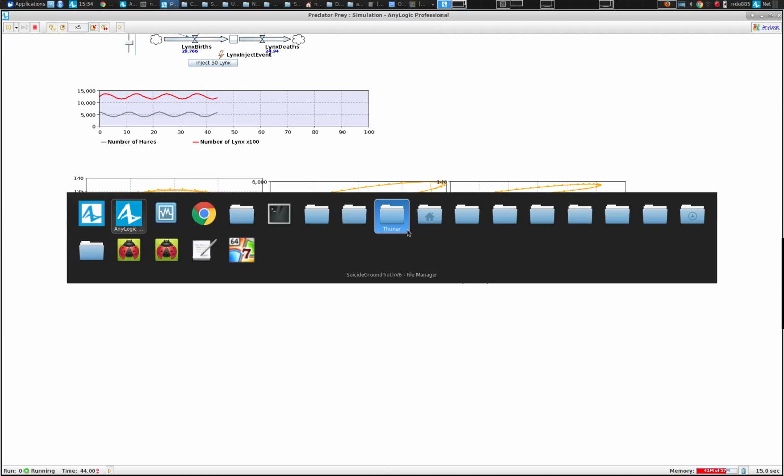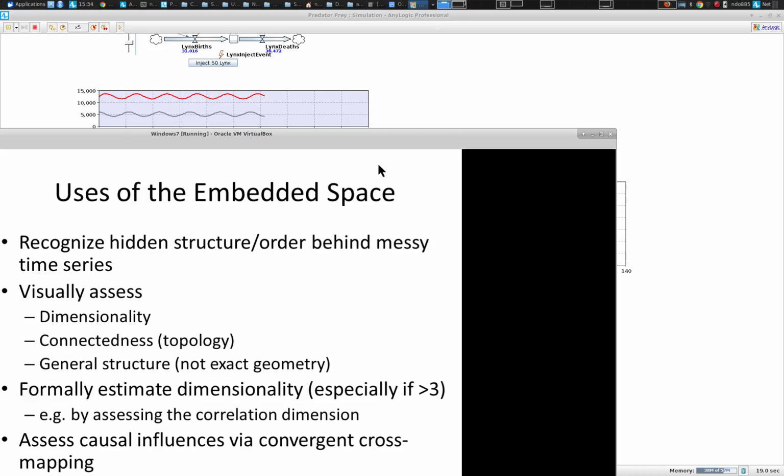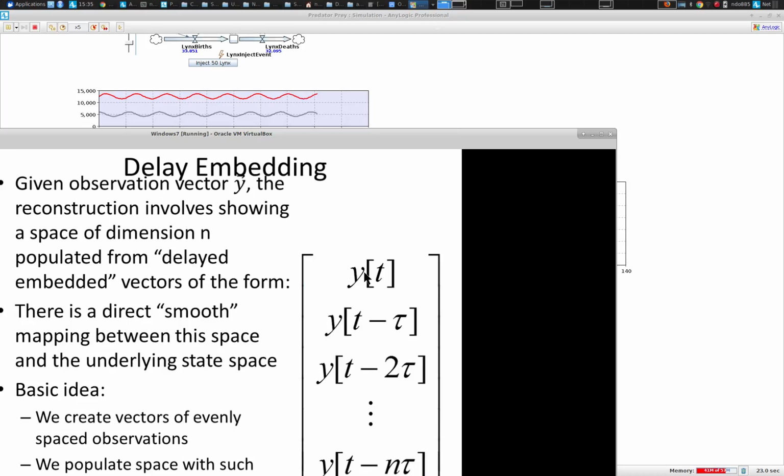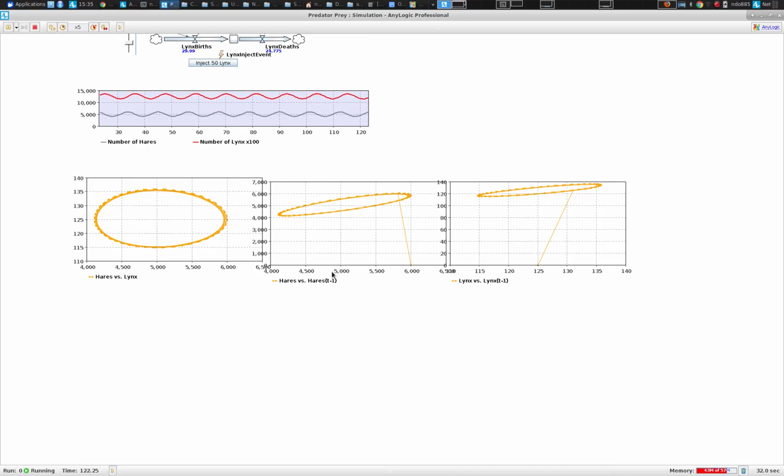Ladies and gentlemen, this was motivated precisely by the basic idea that we create vectors consisting of the value now and the value one time step ago, for example. So this is a depiction of just using hares, not considering lynx at all: hares versus hares one time step ago.